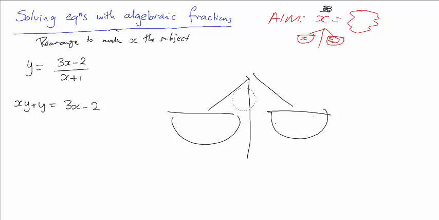So I'm going to start off by getting rid of this y. That's going to give me xy equals 3x minus 2 minus y. That's an x term, that's a number term, that's a y term.